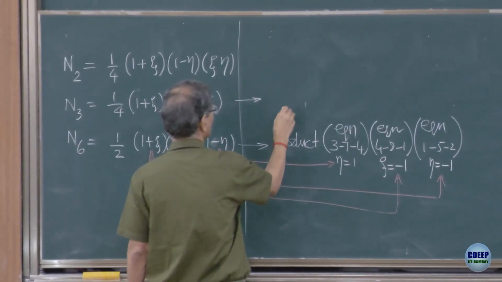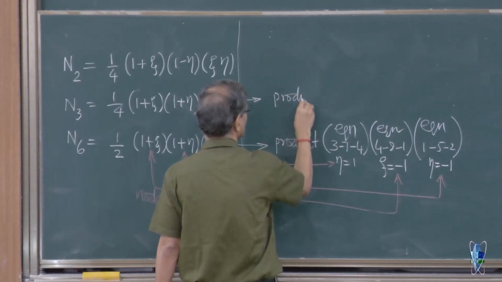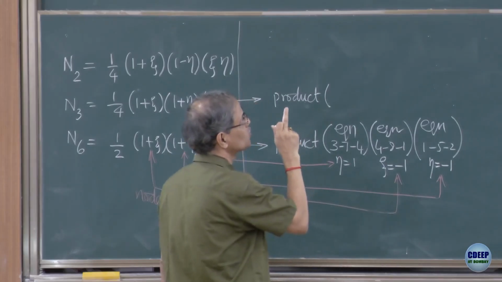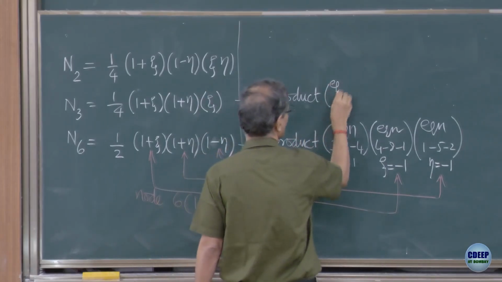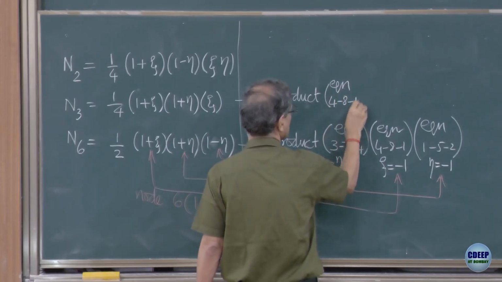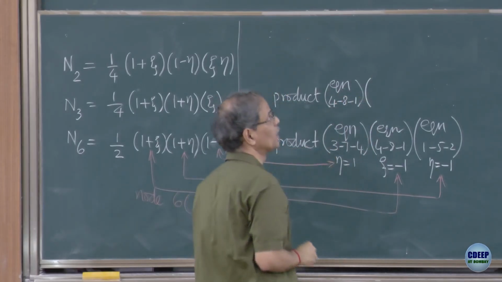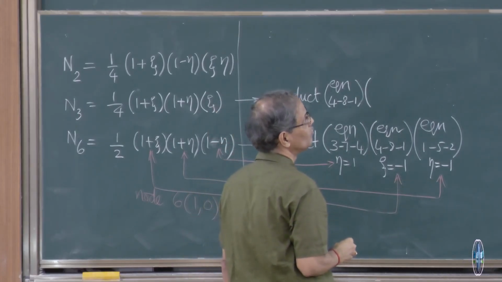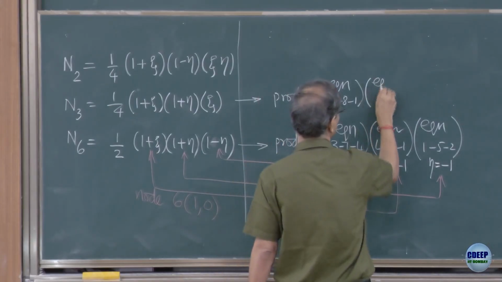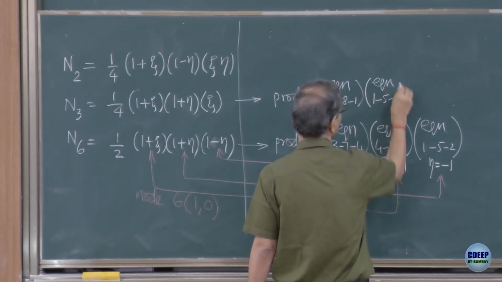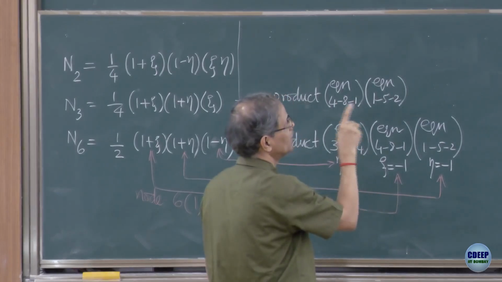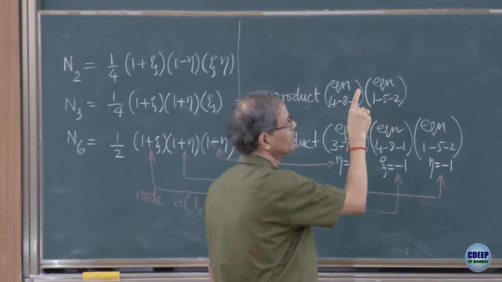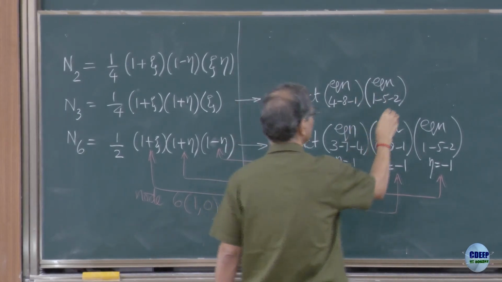So I take the product of these terms for nodes 4, 8, 1, 5, 2, then 6 and 7 are there.